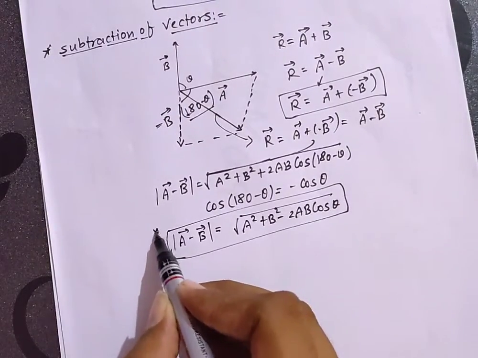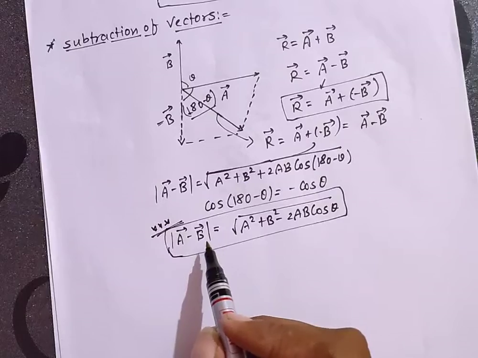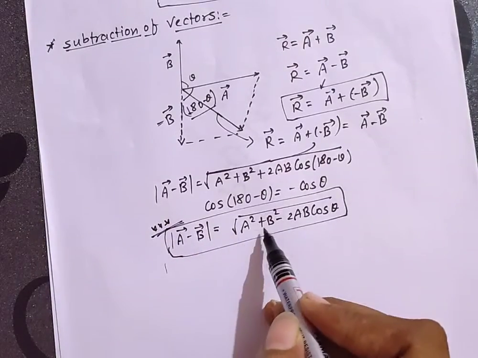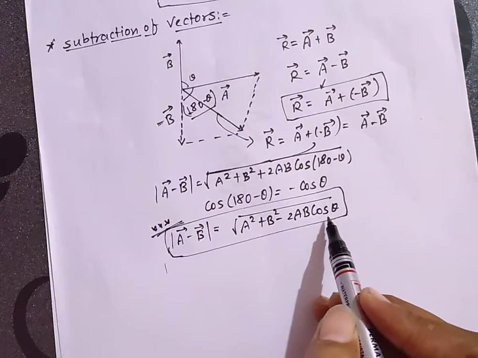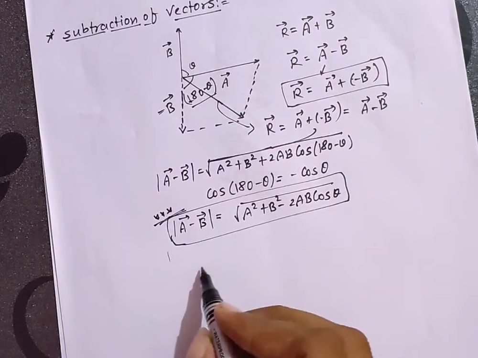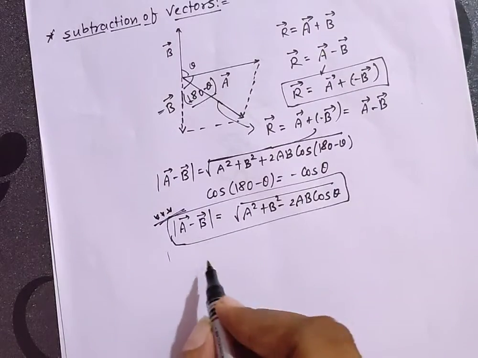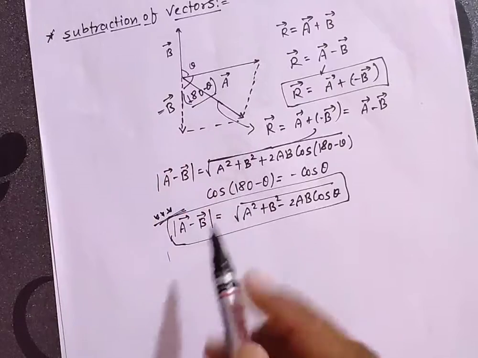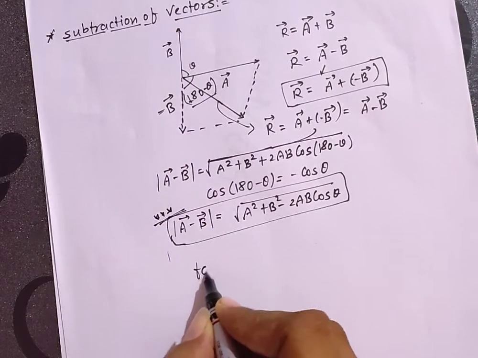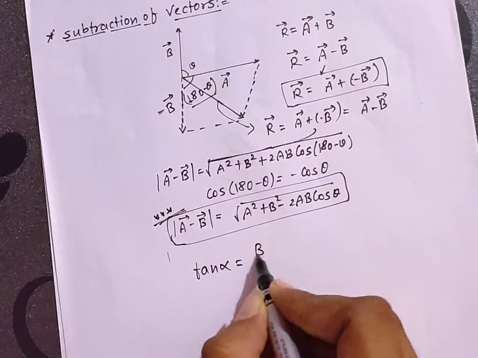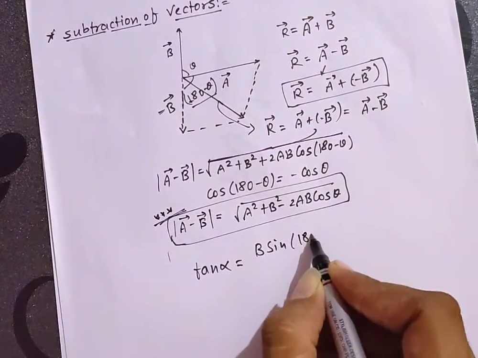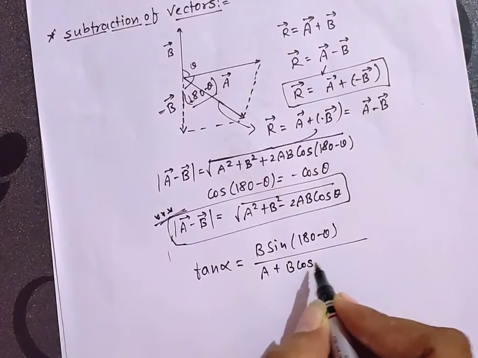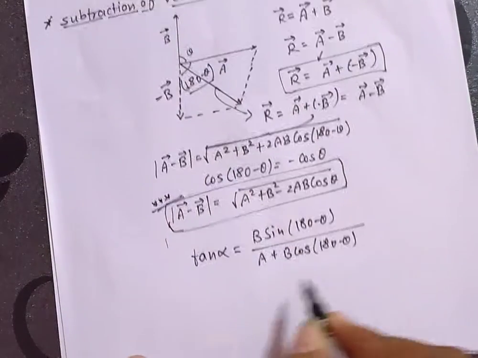This is the resultant of subtraction of two vectors, vector A minus vector B. Magnitude is equal to root of A square plus B square minus 2AB cos theta. The direction of the resultant is tan alpha is equal to B sin 180 minus theta upon A plus B cos 180 minus theta.